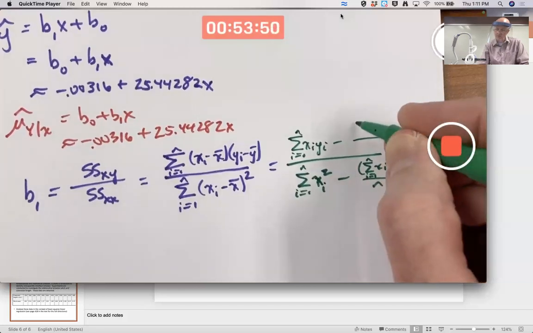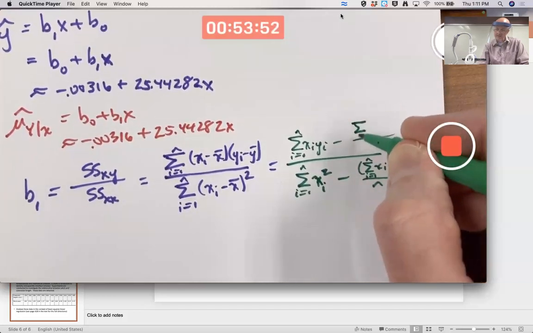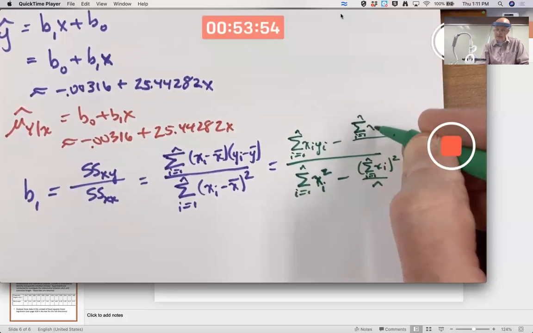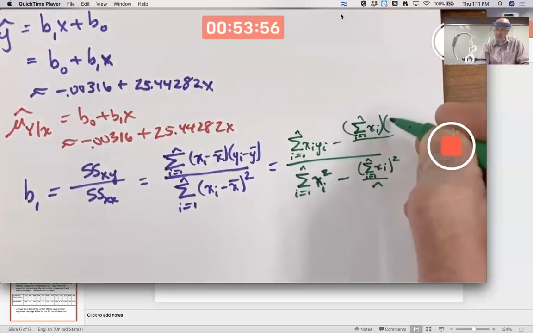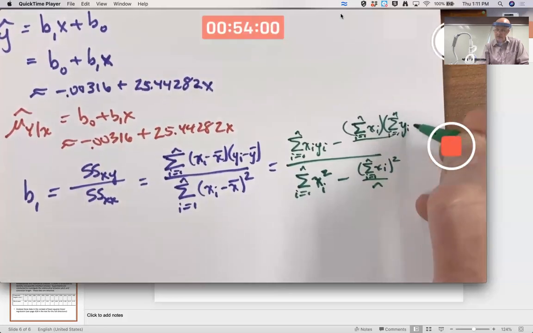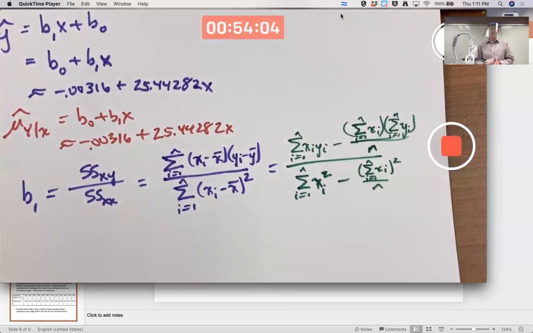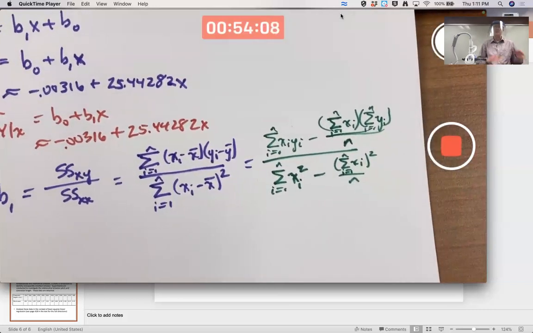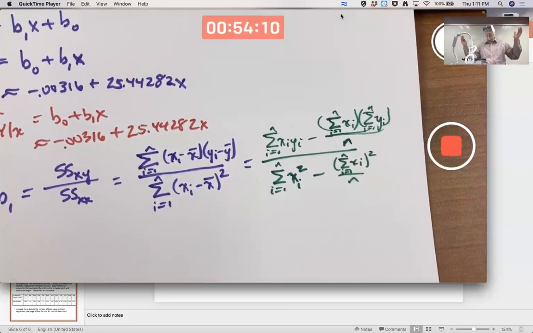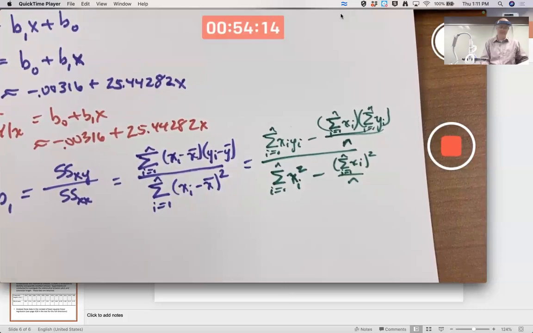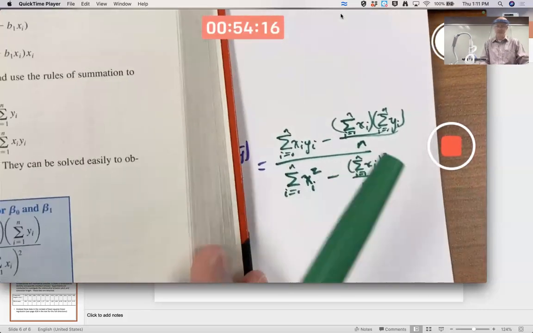So we got fractions within fractions here. Sum of the xi's times the sum of the yi's, all divided by n. And then if you multiply the top and the bottom of this fraction by n, which does not change the value of the big fraction because n over n is the same as 1, you will get the book's formula.